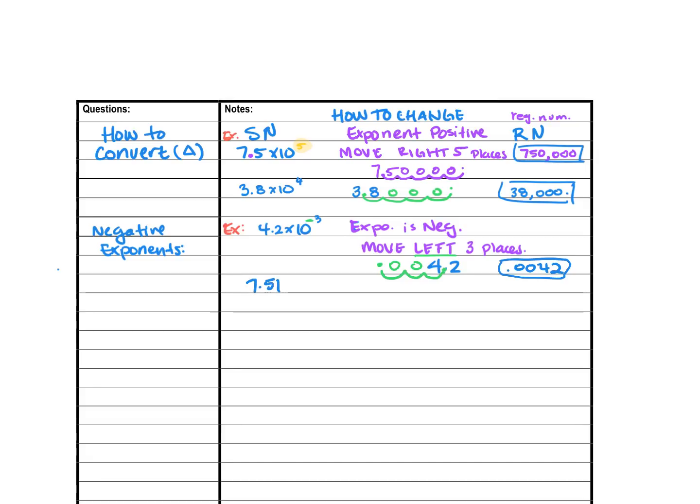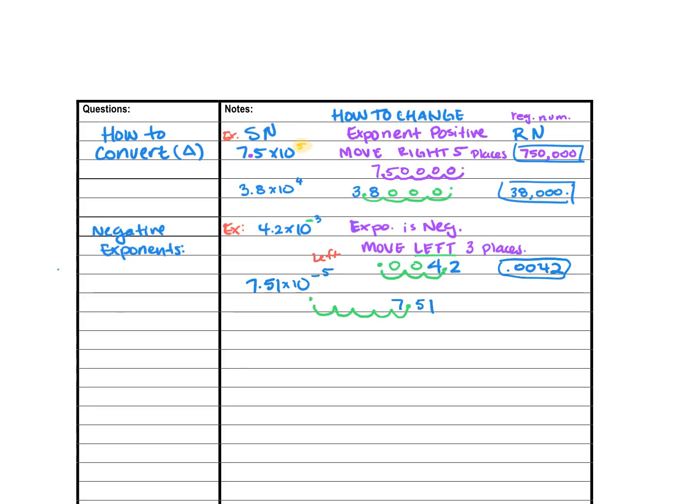7.51. See, you still have a whole number. All right, times 10 to the negative 5. Again, your exponent is negative. You're going to move to the left. Okay, so take your decimal, 7.51. You're going to move left, because it's negative. 1, 2, 3, 4, and 5.